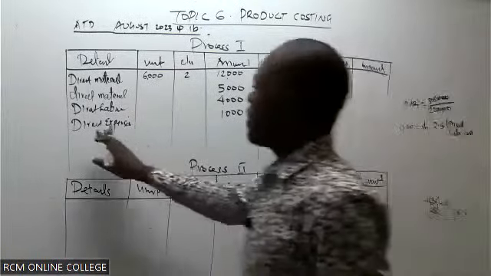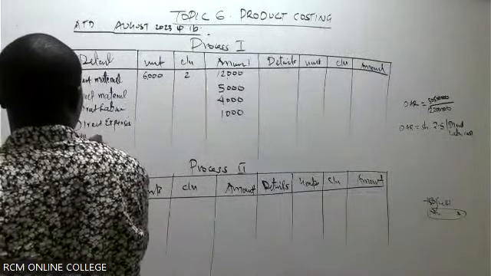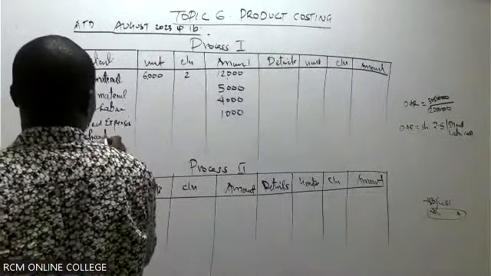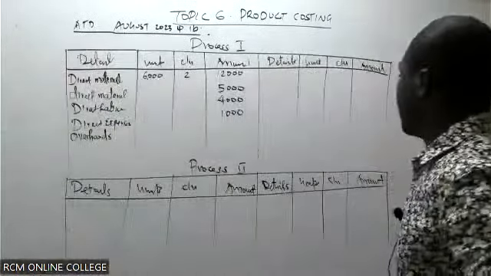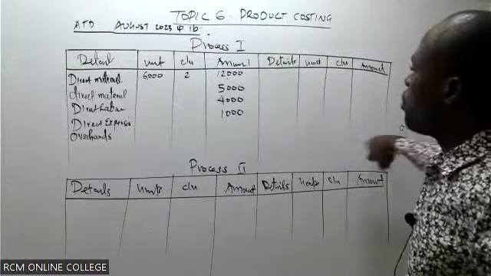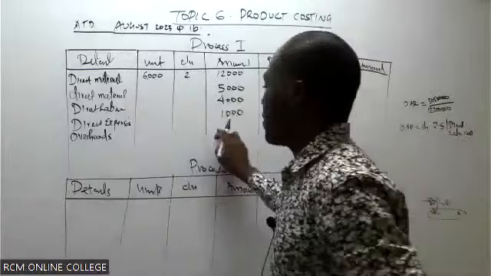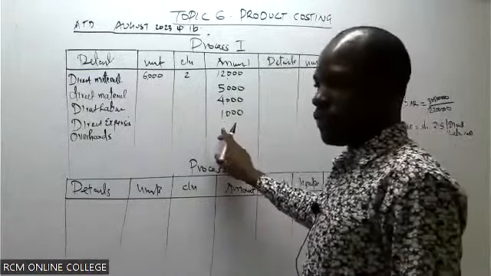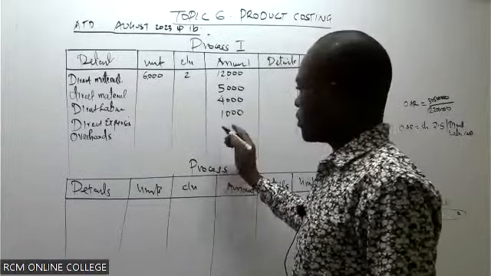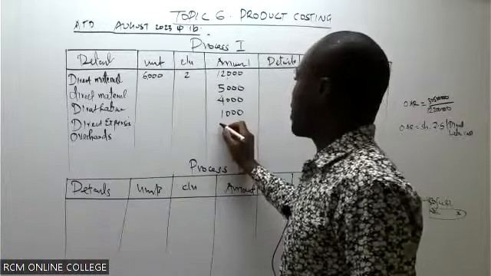So we have direct labor, which is already given there. So we want to bring in the overheads. Overheads, we have been told, is 2.5 shillings per direct labor cost. So can we take 2.5 by direct labor of 4,000? Tunapata ngapi? 2.5 by 4,000. Tunapata ngapi hapa? 10,000.